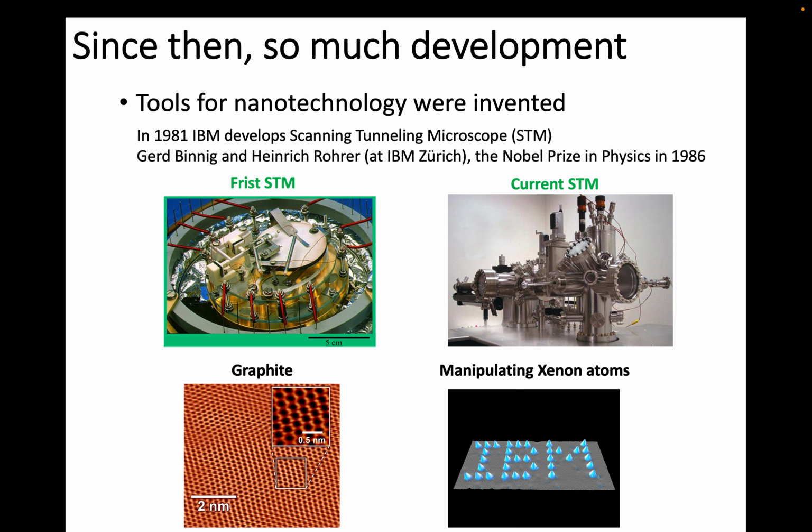That electrical current is heavily dependent on the gap between the tip and the substrate. If you widen the gap, the electrical current drastically goes down, and if we bring the tip closer to the surface, the electrical current exponentially increases.